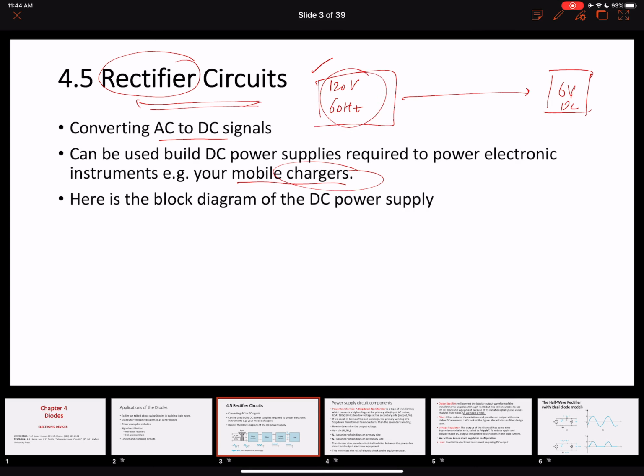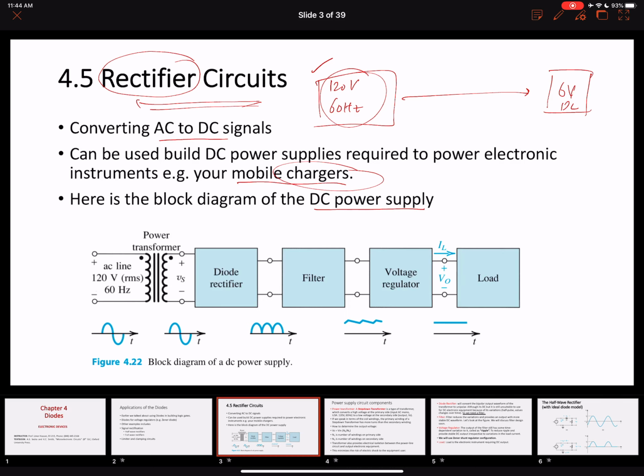Okay, so here is a block diagram of our DC power supply. Now you can see that this DC power supply has different components in it. The first component is a power transformer. So this is our input, right? This is a plug.